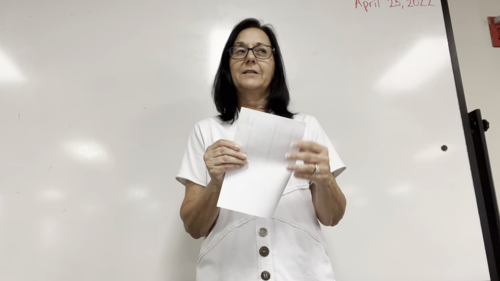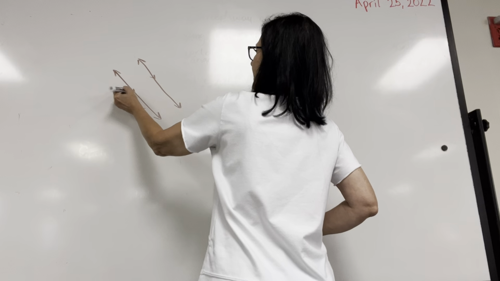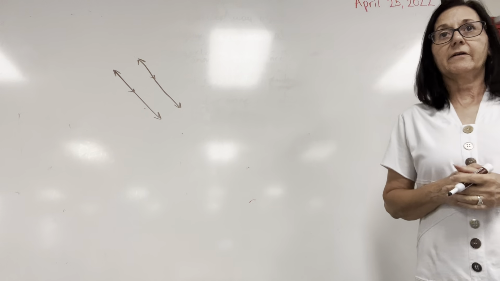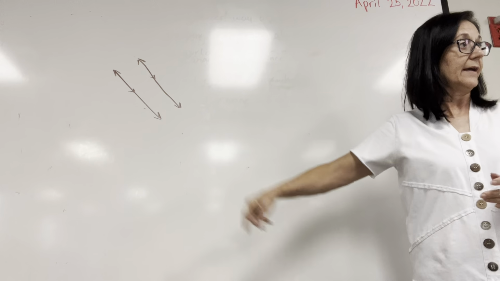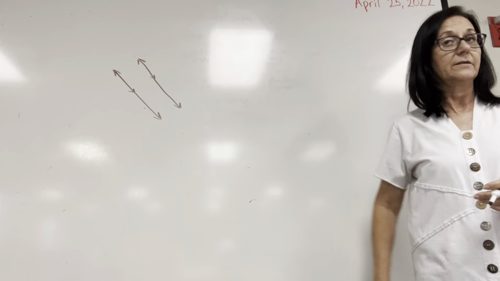Now, in plane geometry, two-dimensional, right? Lines have options. Lines can either be like this, which means they are parallel and they never, ever, ever intersect. Lines can be like this.